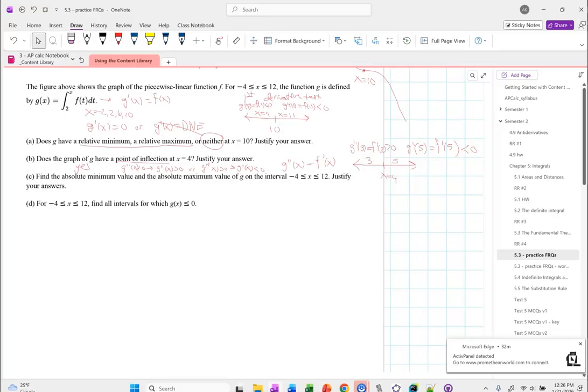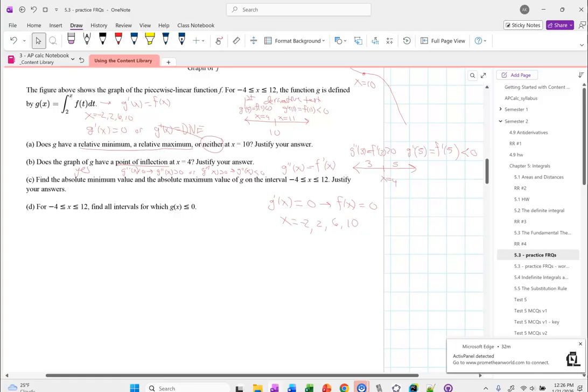What are we going to need? Critical values and the endpoints. Excellent. So I need to take g prime of x equal to 0. That's the same thing as f of x equal to 0. So I have those answers from before: -2, +2, 6, and 10.